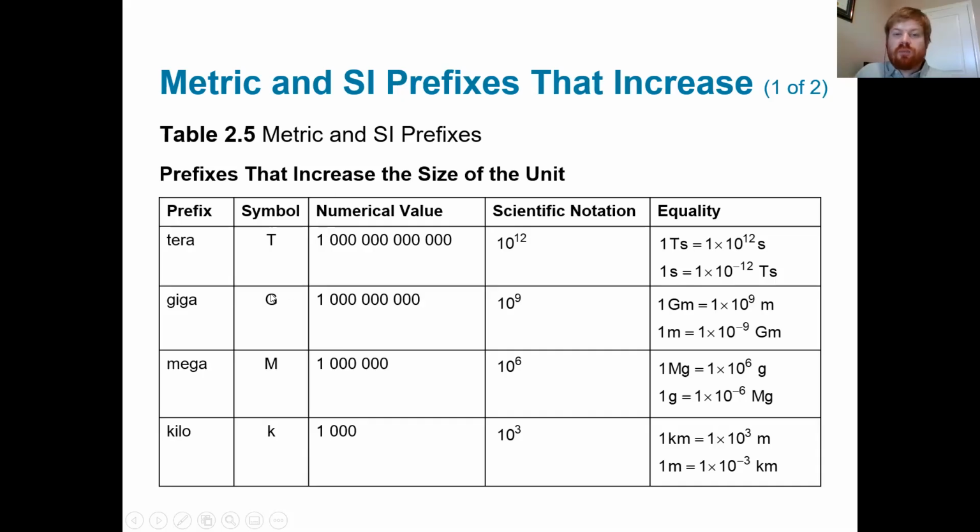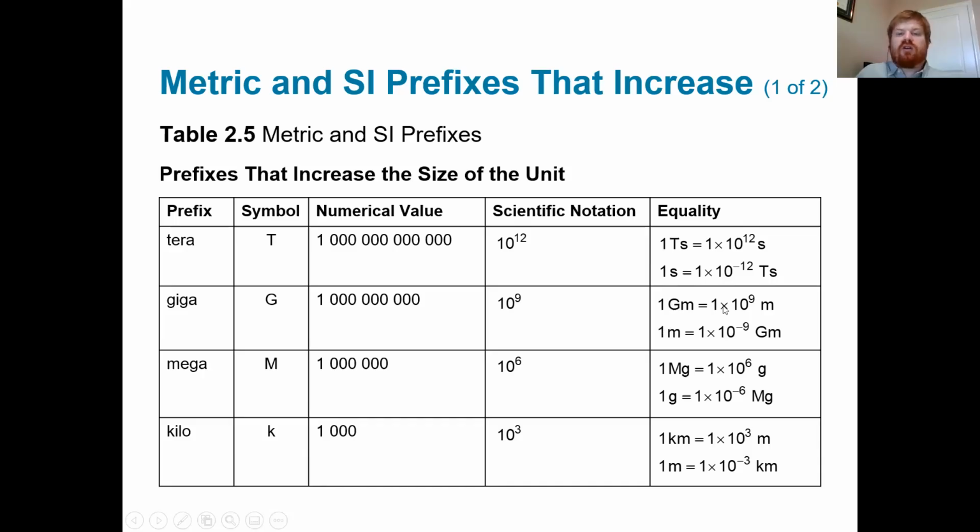Giga, of course, you probably also know like gigabytes from your flash drives, for example. Giga means, I said it wrong, 1 billion, excuse me. Giga, symbol capital G, the numerical value is 1 billion, which is represented in scientific notation as 10 to the 9th.